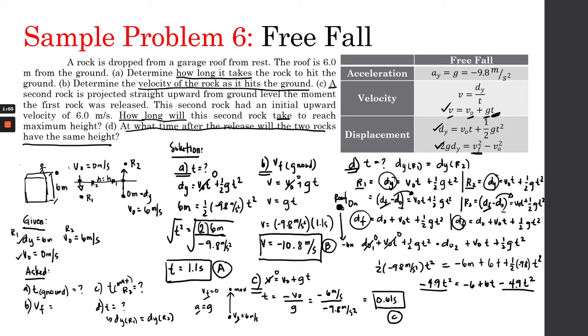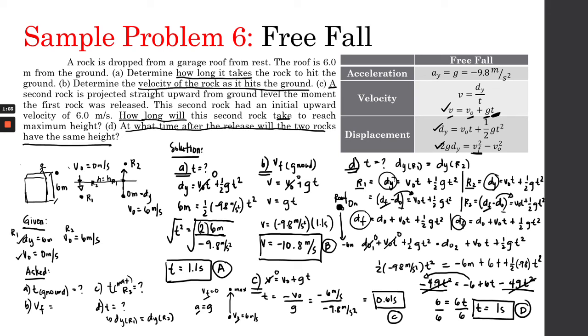If we add 4.9 t squared on both sides, we can cancel this. And we can transfer 6 to this side, which gives us 6 is equal to 6t. Just divide by 6 and you would actually get 1 second. Okay, so for letter D, the answer is 1 second.